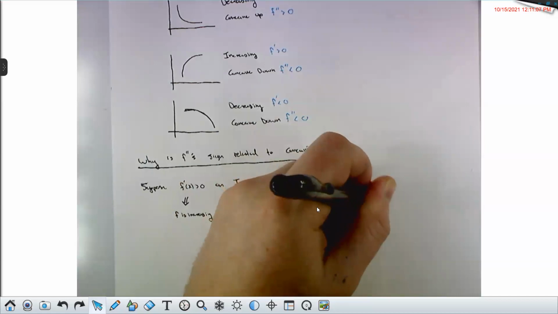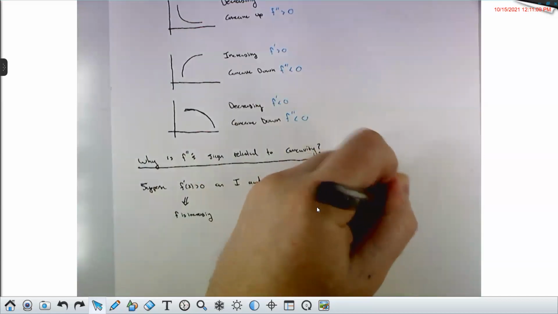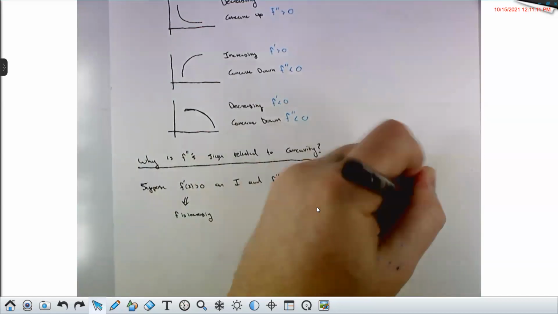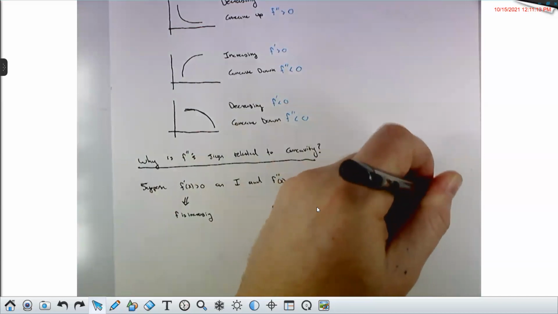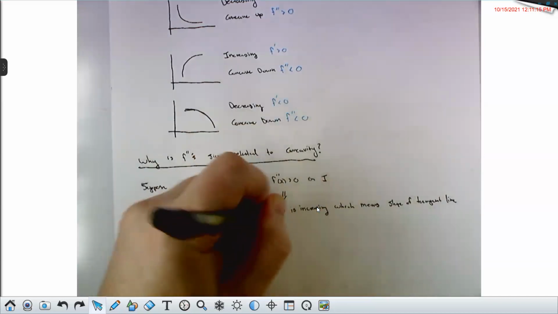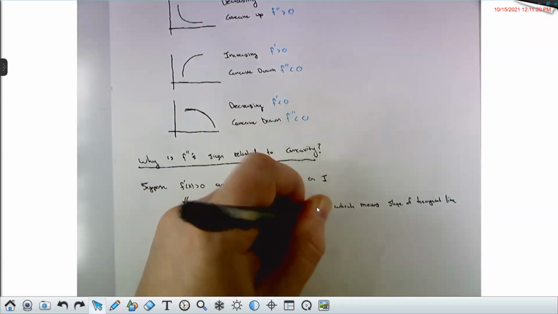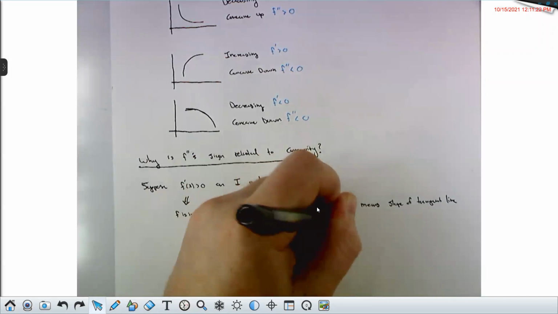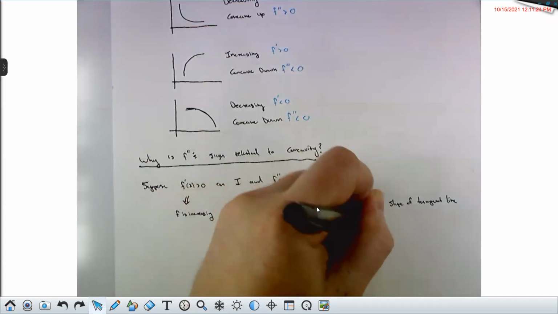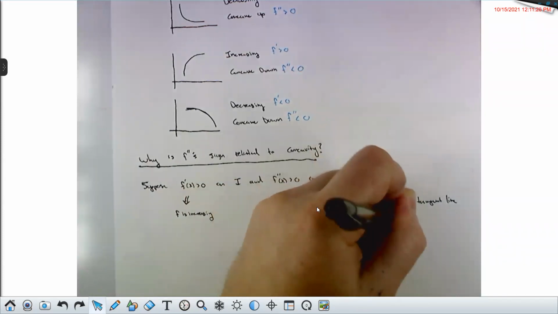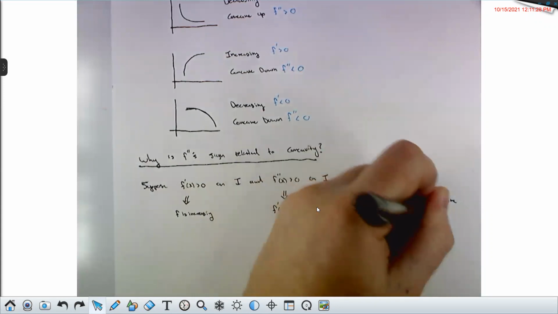Which means that the slope of the tangent line to f of x is getting larger as we move to the right.